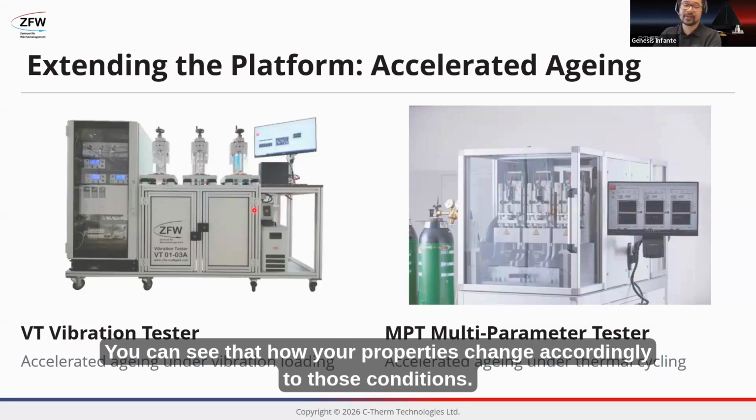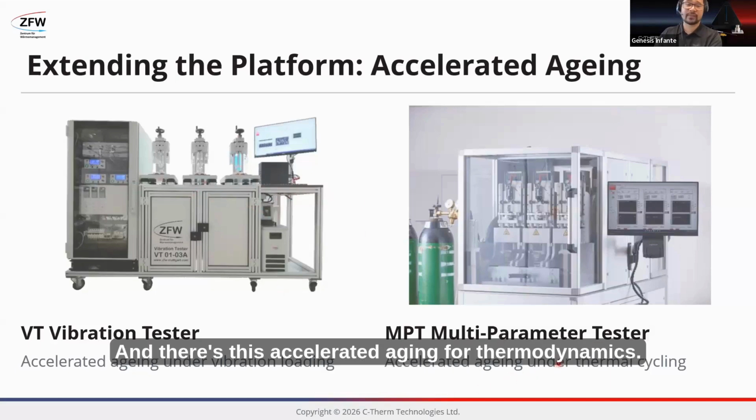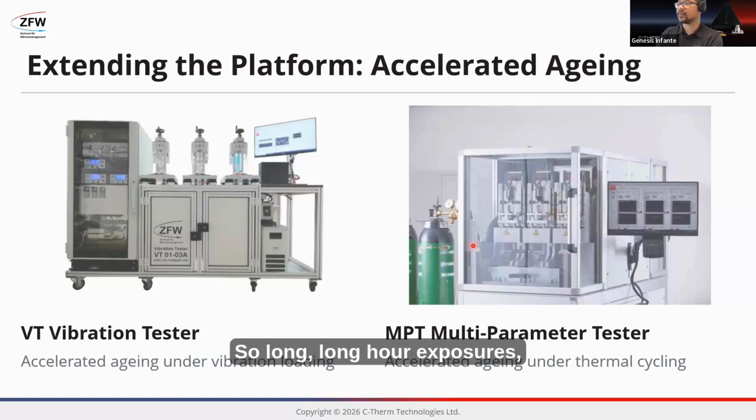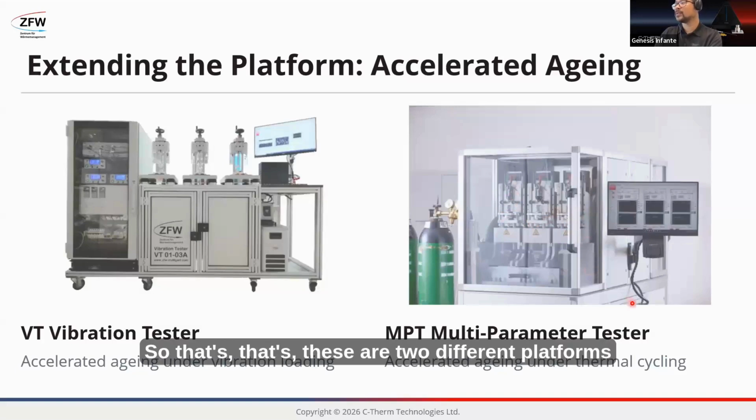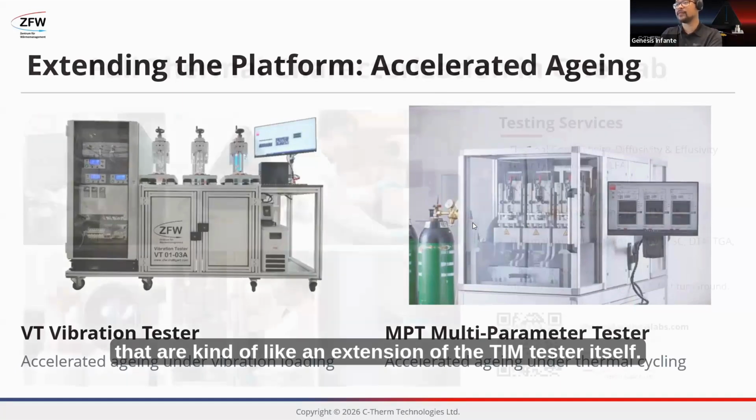You can see how your properties change according to those conditions. And there's the accelerated thermal cycling, so long hour exposures. These are two different platforms that are an extension of the TIM tester itself.